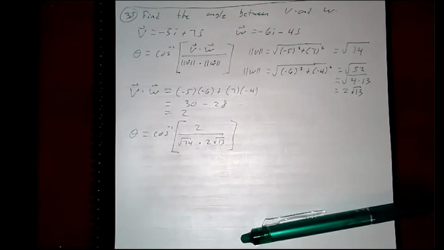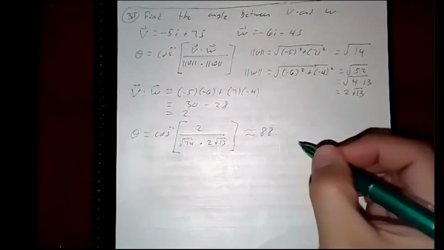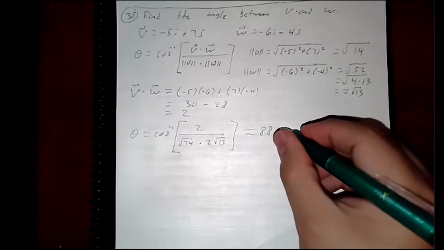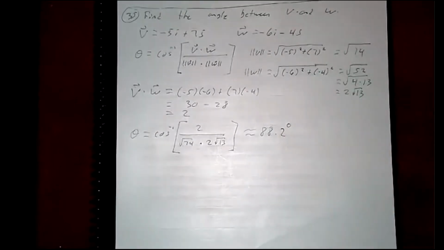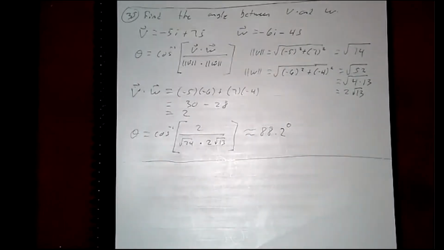So question 35 is B. They round to 1 decimal place in the instructions. Okay.